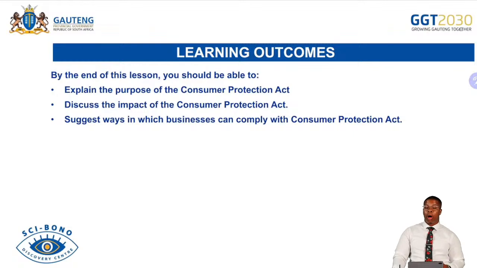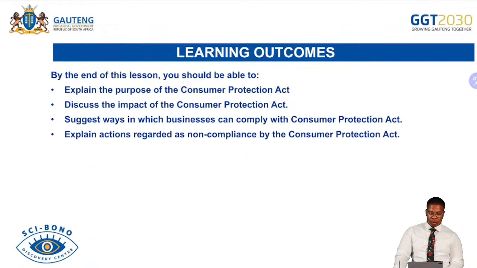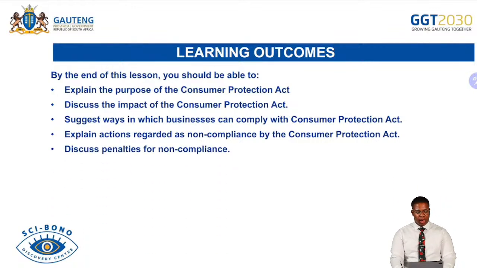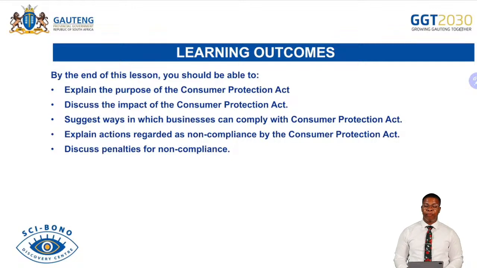So we will look into how the business can follow this law, and also explain actions that are regarded as non-compliance, to say these actions should not be done because the government will consider the business to be non-complying if it performs certain actions according to the Consumer Protection Act. And then we'll also discuss the penalties for non-compliance, to say what punishment the business can face if they fail to comply with these legislations.